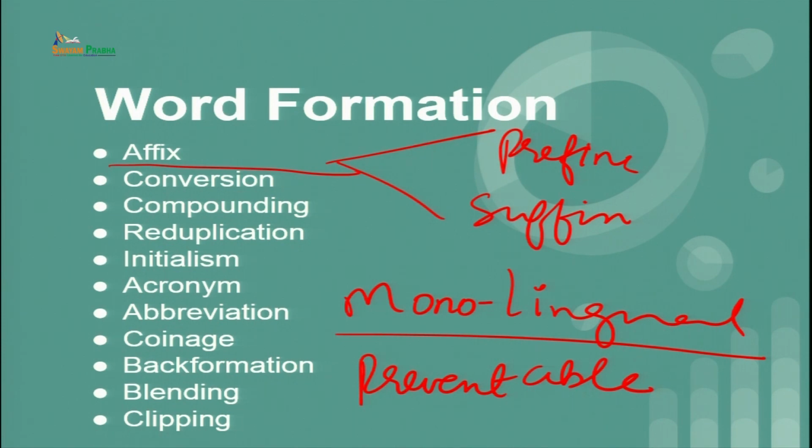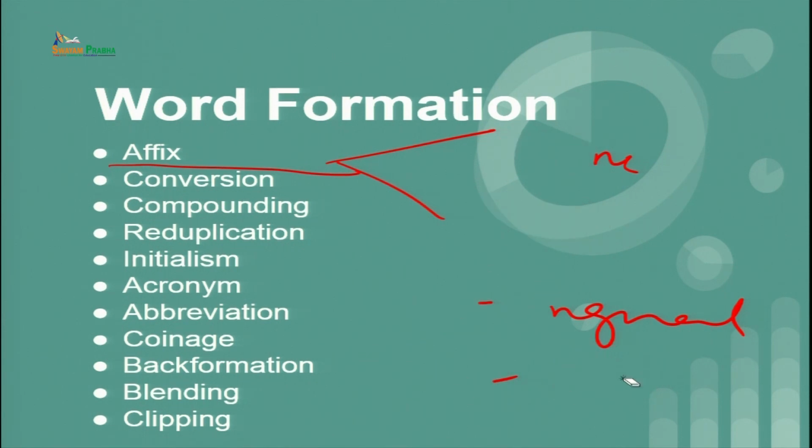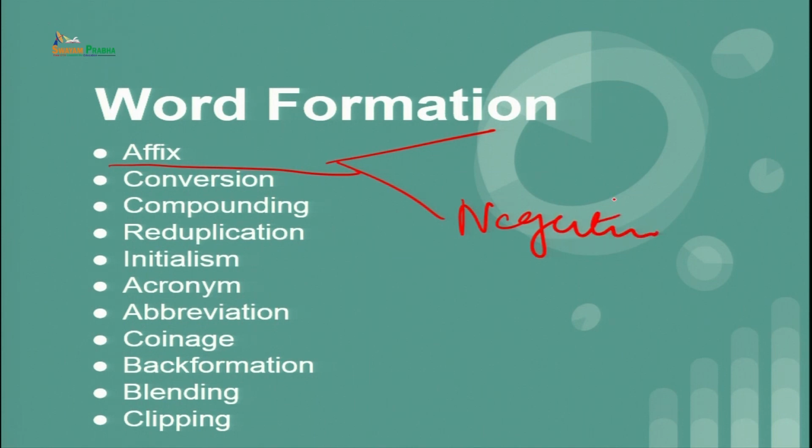So, you find that not just prefix but suffix also plays an important role in the formation of words. If I have to go particularly to prefixes and suffixes, I will again divide them into several parts. There are prefixes which are found in negation, there are prefixes which indicate number.